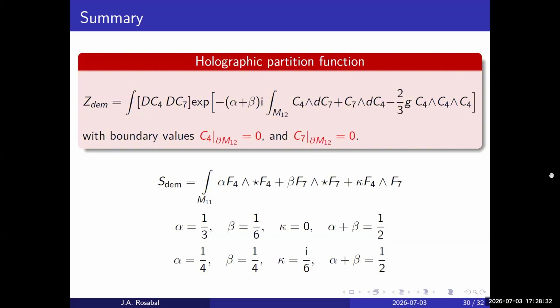In the other version, alpha is 1/4, kappa is this. However, alpha plus beta is 1/2 again. Why? No idea. Why this action doesn't care about the choice of these coefficients, no idea.